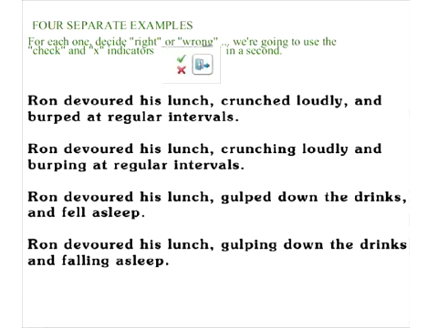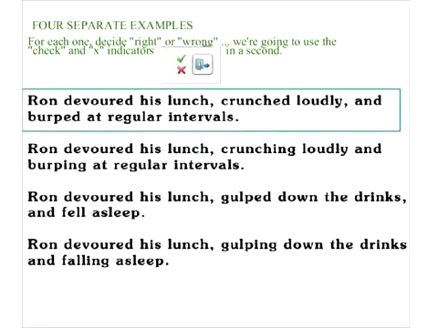Please don't put check marks yet because there's 4 examples, guys. You can't answer them all at once. Let's do this one at a time. This one. If you think this one is correct, go ahead and click the green check.